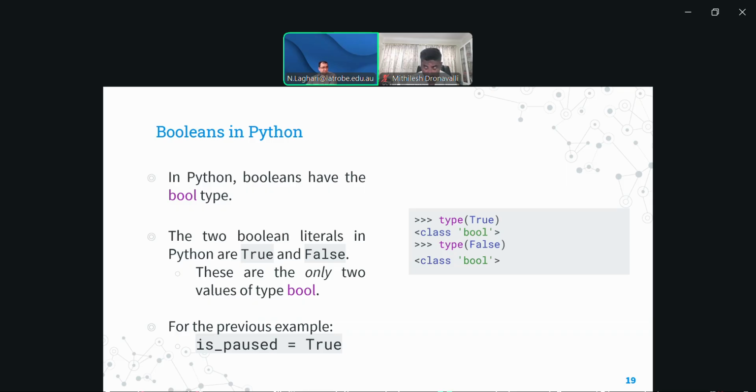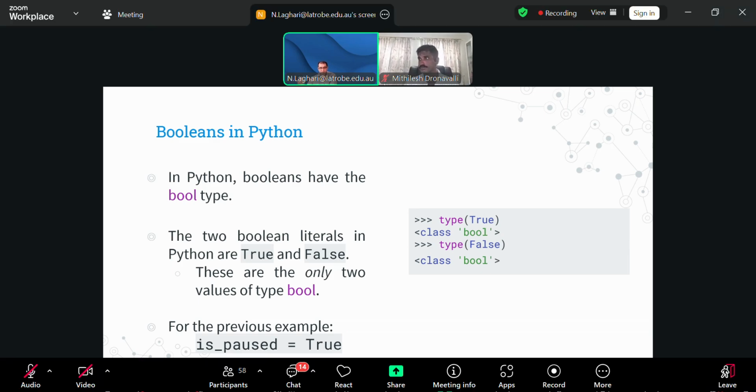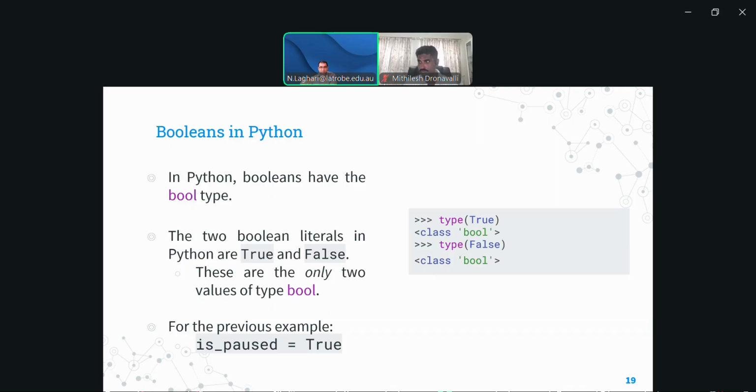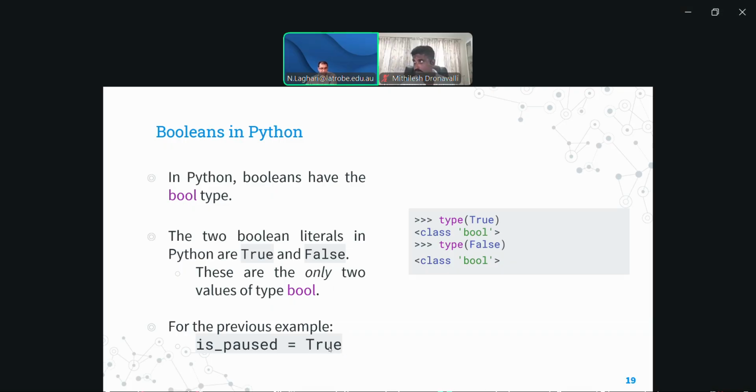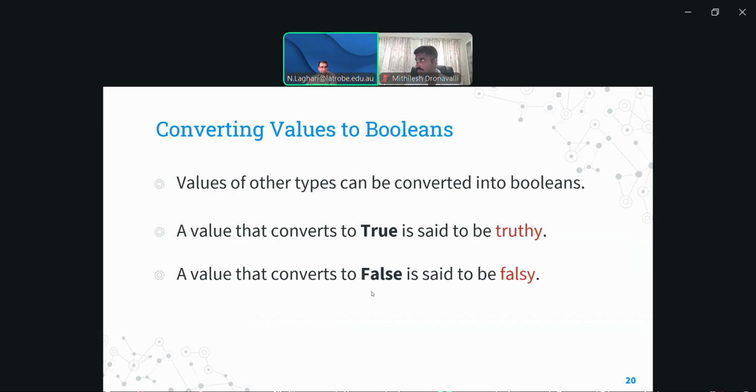And Boolean literals are what? In numeric literals, we have 1, 2, 3, 4, and in text we can type anything. But in the case of Boolean, we have two possible values, either true or false. So these are the literals, and you can use these values to store to your Boolean variables.